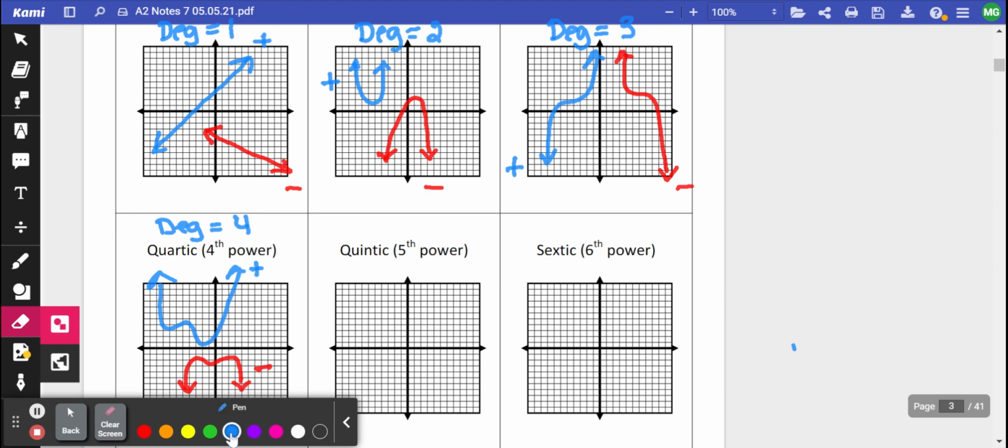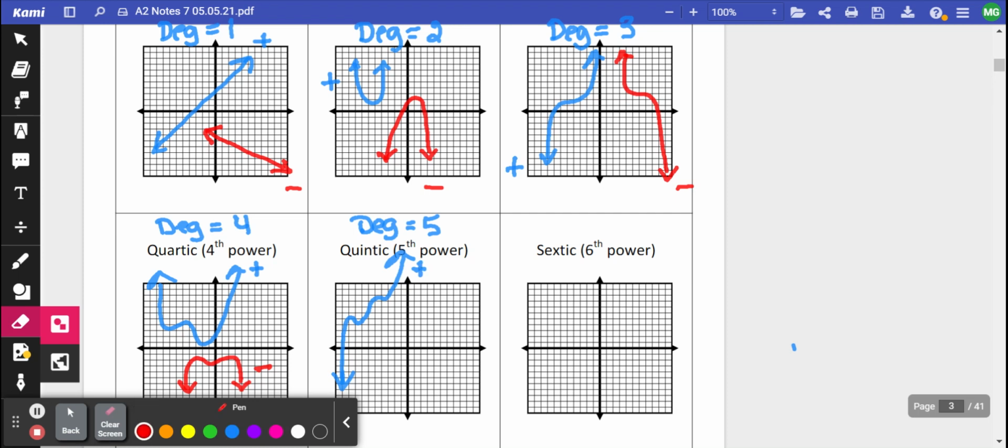A 5th degree polynomial, okay, is called a quintic. So again, degree 5, I know it says it there, degree 5. And that's going to look like our 3rd degree polynomial with an extra term. So starting low and going 1 direction, 2, 3, 4, 5, something like that. And that is a positive lead coefficient.